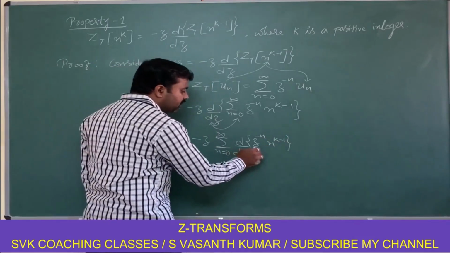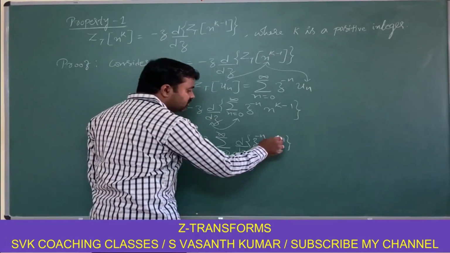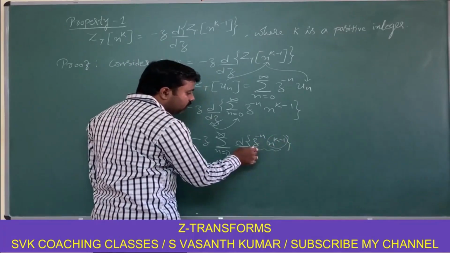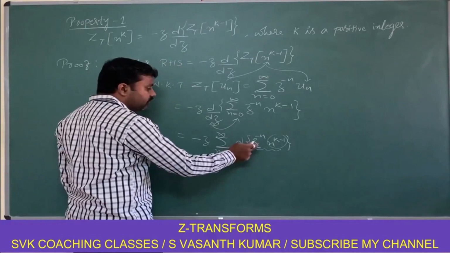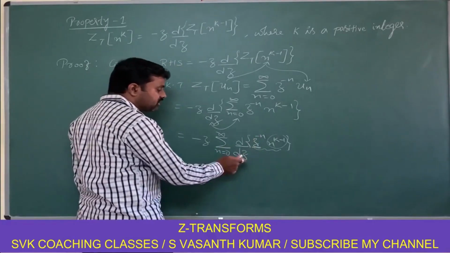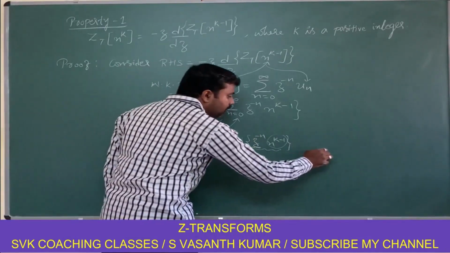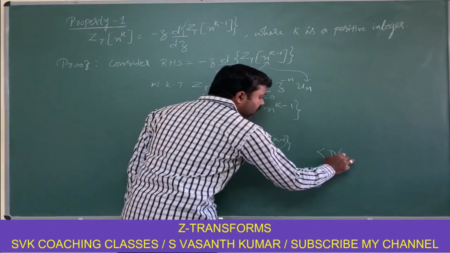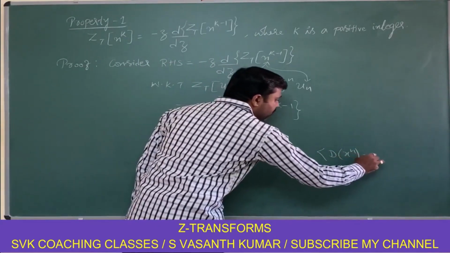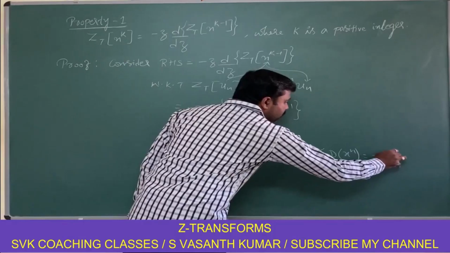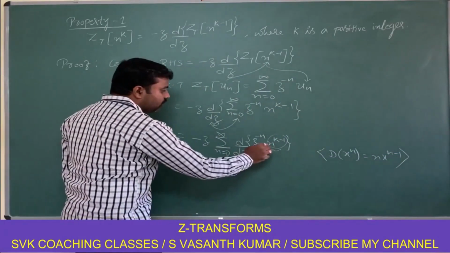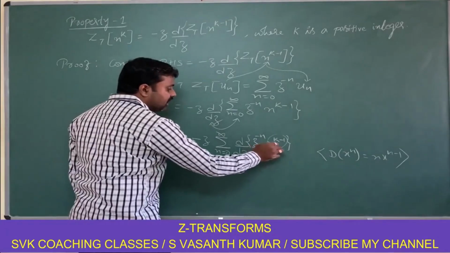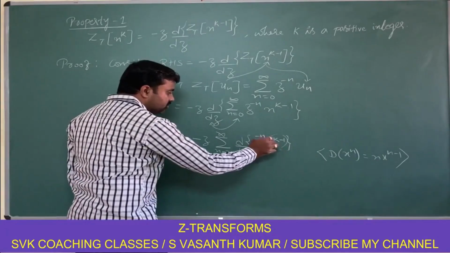Now I want to find the derivative of this term. It is a constant term here. You are required to differentiate only the term containing z. So differentiation of z power minus n with respect to z is of the form derivative of x power n. What is the derivative of x power n? n into x power n minus 1. So apply this, and take out the constant term.